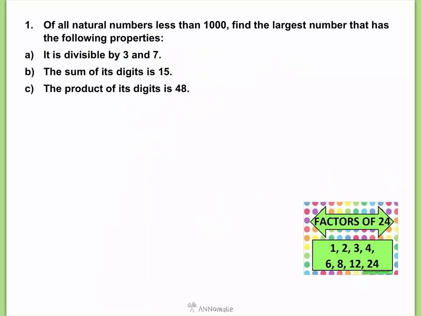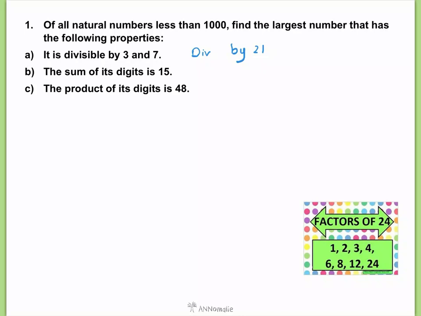We have to tackle this problem step by step. So we know that we're looking at the natural numbers less than 1,000. We have to find the largest number that has the following properties. If it's divisible by 3 and 7, the number must be divisible by 21. The sum of its digits is 15.